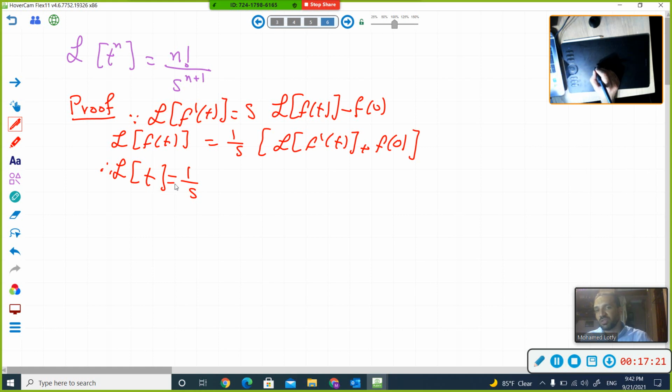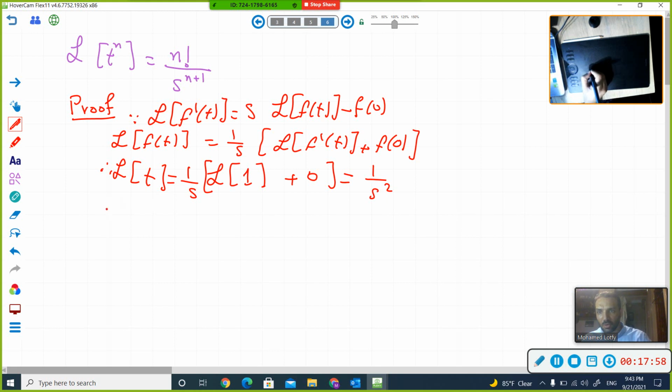The derivative of t is 1, so the Laplace transform of 1, which we have already proved before to be 1 over s, right? Plus f of 0. What's f of 0? For f of 0, we replace our function t by 0, so it will be 0. Okay, so this will end up with 1 over s squared.